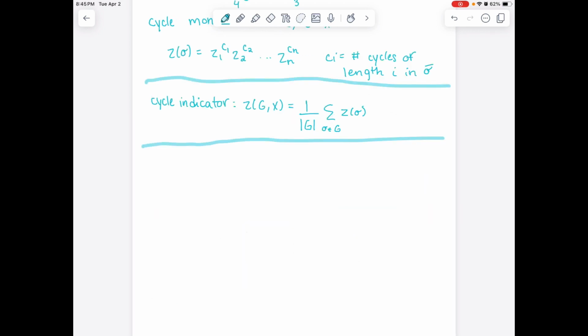Now that we have defined the cycle monomial, we'll define the cycle indicator as given here. This looks familiar because the fundamental idea here comes from Burnside's lemma, which we use to count how many orbits we have under group action.